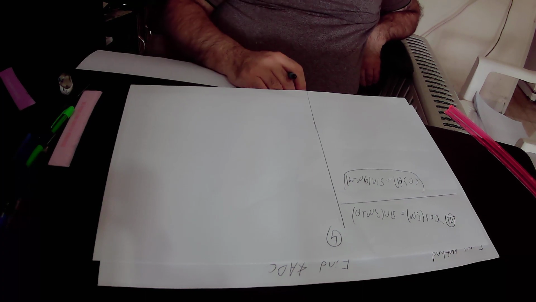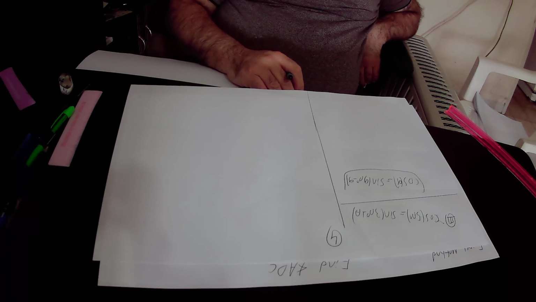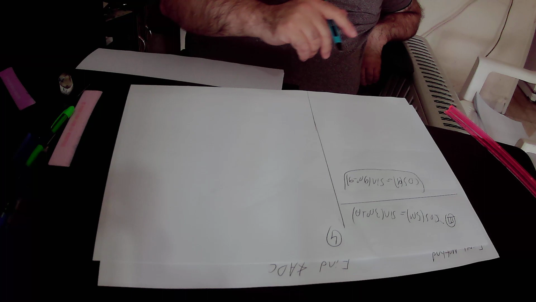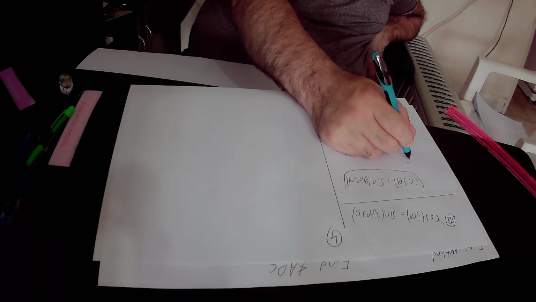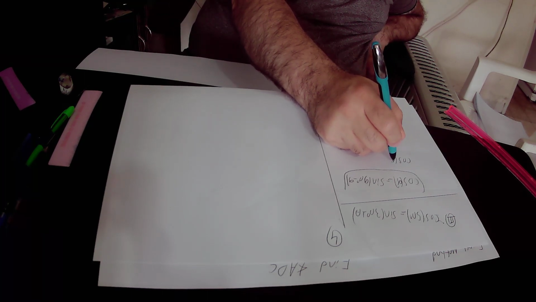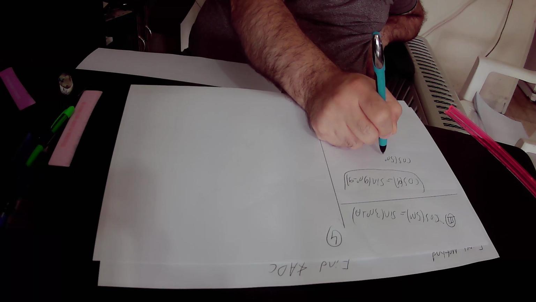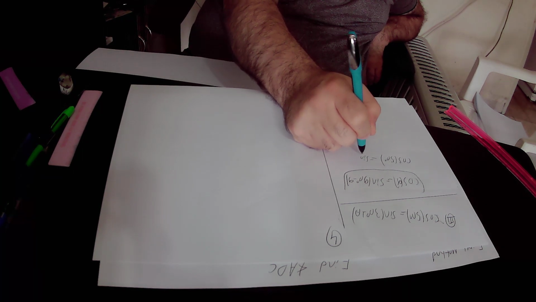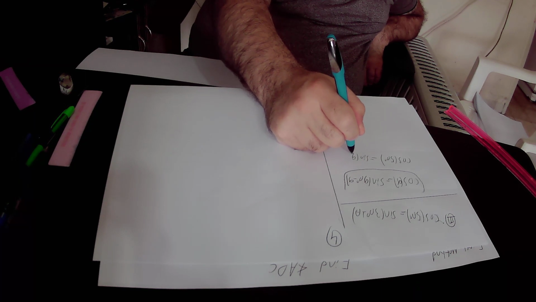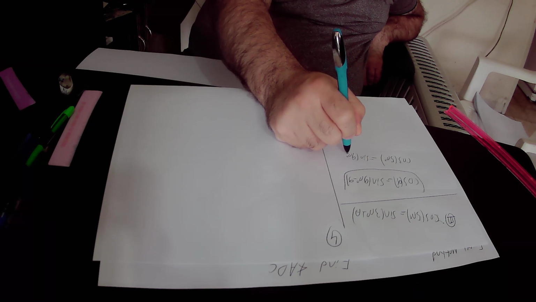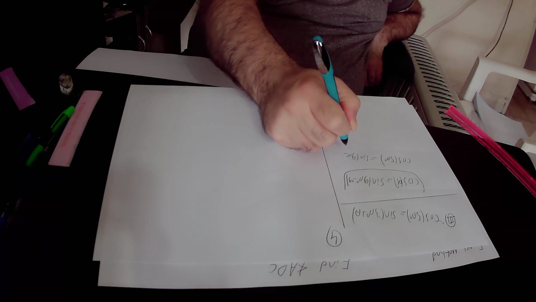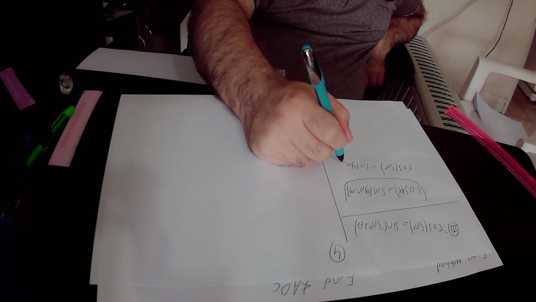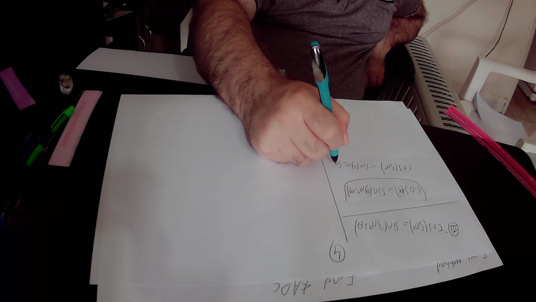So according to this identity, cosine 50 degrees equals sine 90 degrees minus alpha, where alpha is 50 degrees.